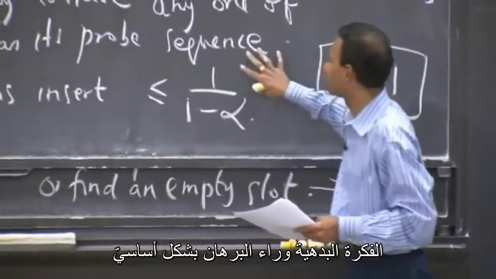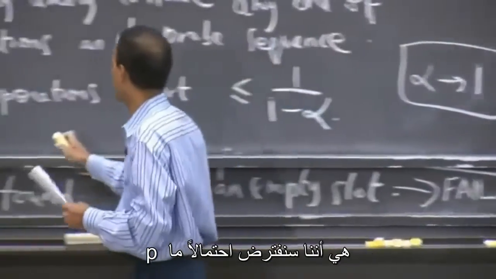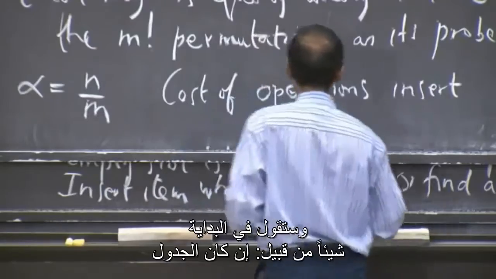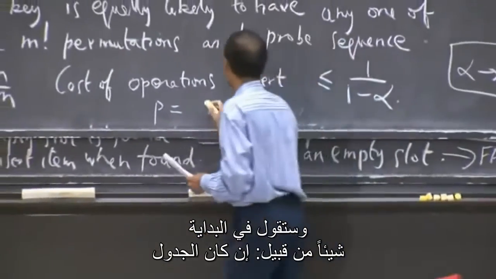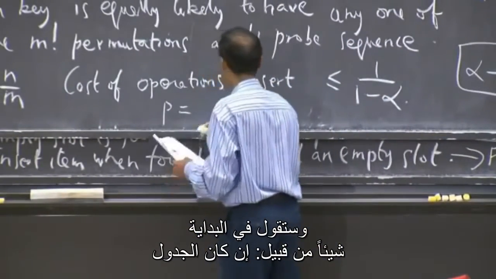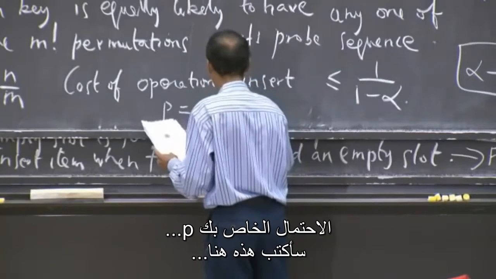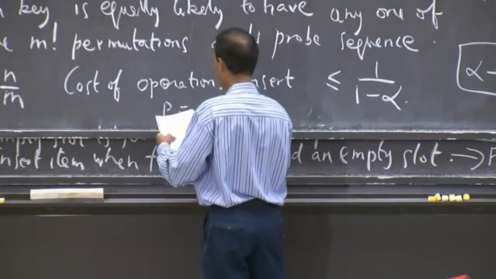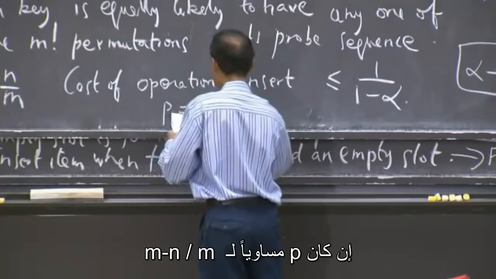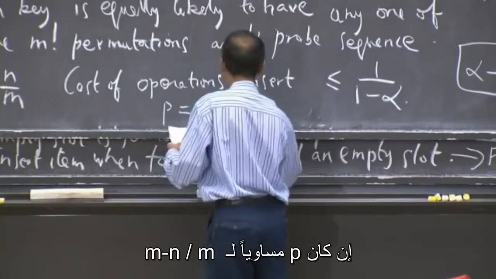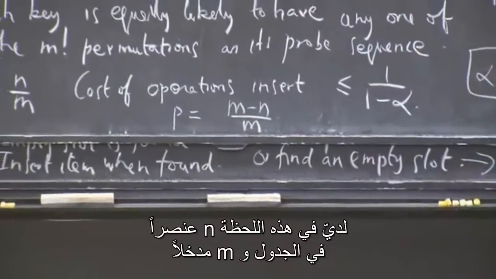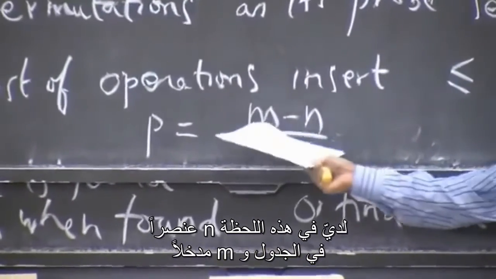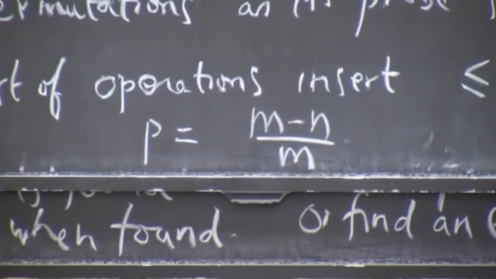Basically, the intuition behind the proof is that we're going to assume some probability p, and initially, your p, I'll just write this out here, is m minus n divided by m. Okay? So what is that? Right now I have n elements in the table, and I have m slots. Okay?